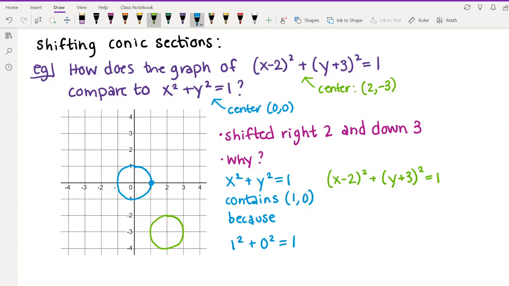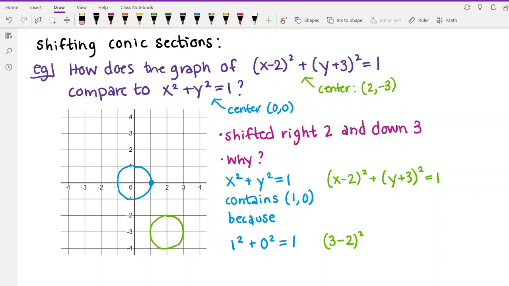So what would we need to plug into this first parenthesis? What would we need to plug in for x in order to get 1? If we were to plug in 3, so I'll write that down here, if we plug in 3 for x, we would get 3 minus 2, which is the same as 1 squared. And then what would we need to plug in for y?